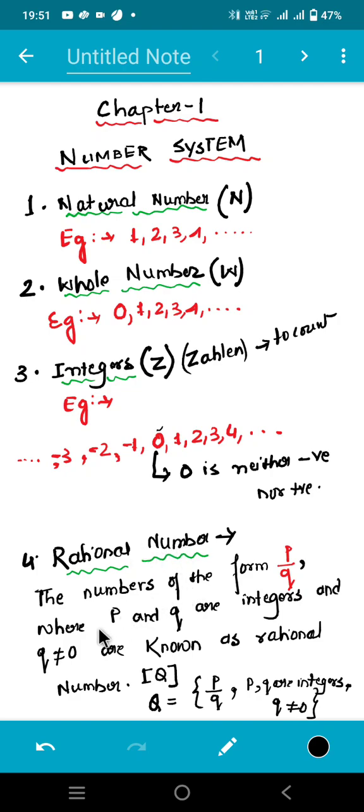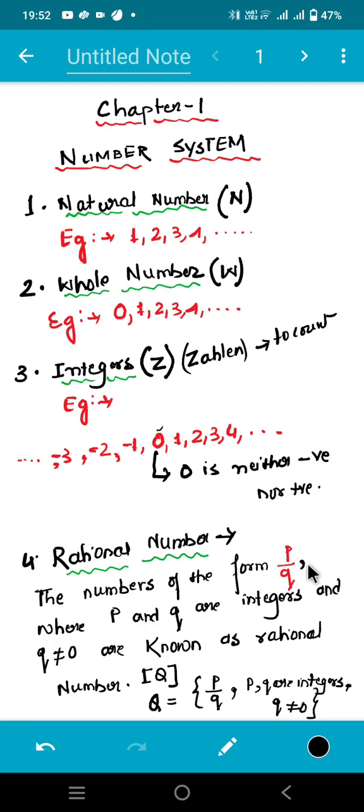But here you see why I said this line is so important, because p and q are integers, so p and q both can be negative. So a negative fraction is also called a rational number. That is, 2 by 3 is also a rational number. Minus 2 by 3 is also a rational number. Understood?